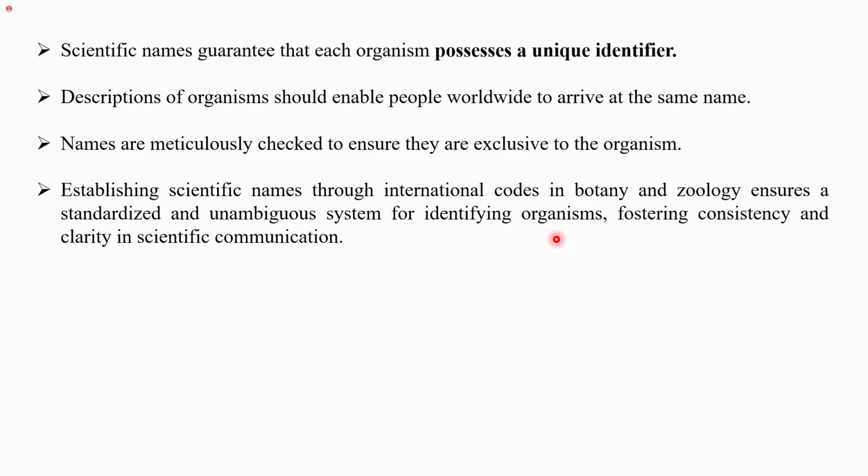The same way, in the scientific community, if I talk about plants, animals, microbes or any other organism, all of these organisms are identified by different names, and these names are unique to that particular organism, irrespective of the place. So in the scientific community, they have an unambiguous system for identifying the organism that helps in maintaining consistency and clarity in scientific communication.